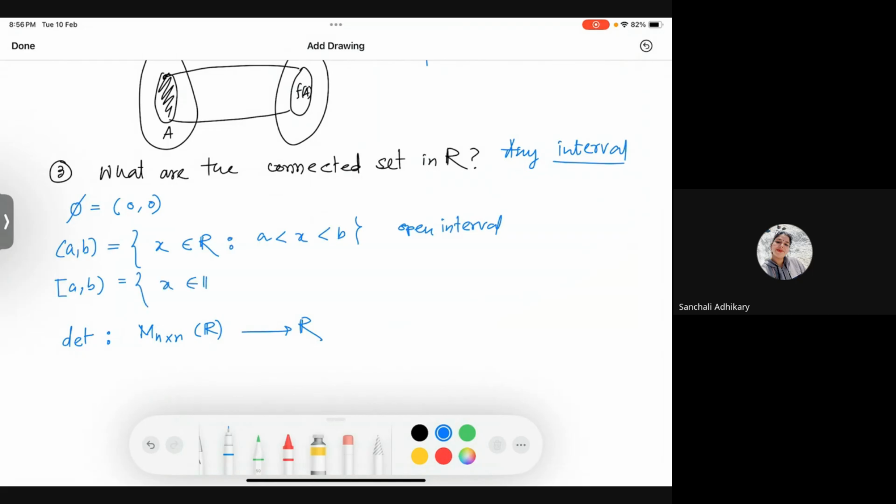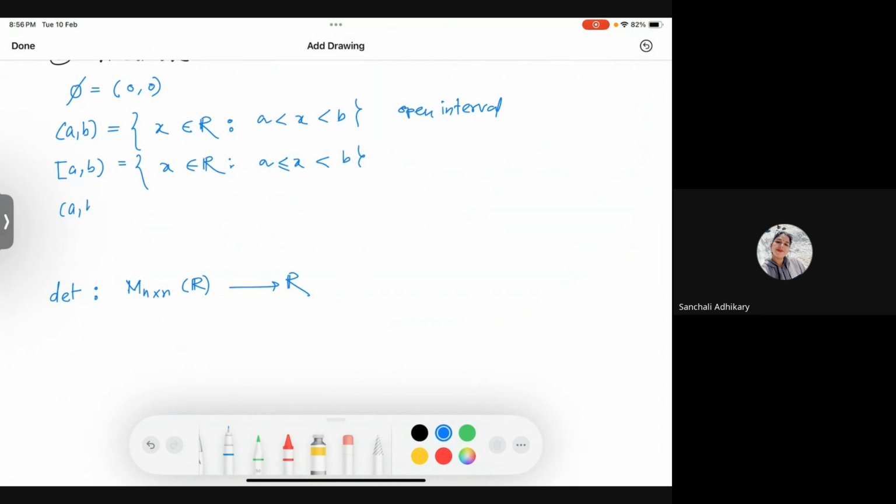Those x belongs to R such that x is greater than or equal to a and less than b. This is called a semi-open or semi-closed interval.